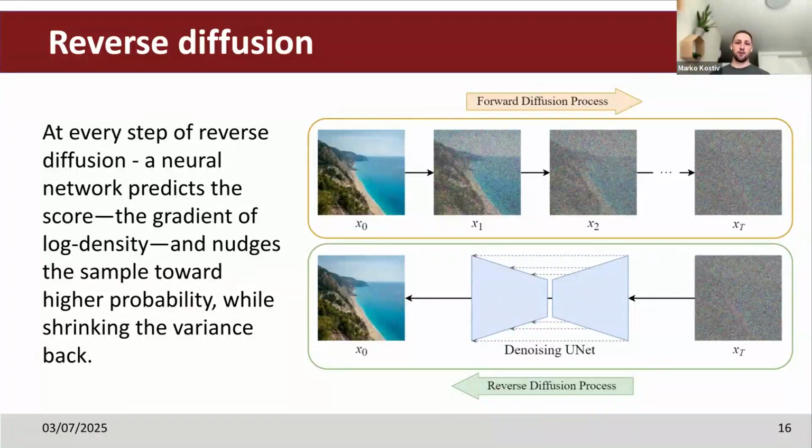Again, those terms come from physics. If you want to dive deeper, it's similar to adding a drop of color into a glass of water back in school. And now the question is, what should I do to reverse this drop of color from the nice looking clear water and distill it back to the initial state?